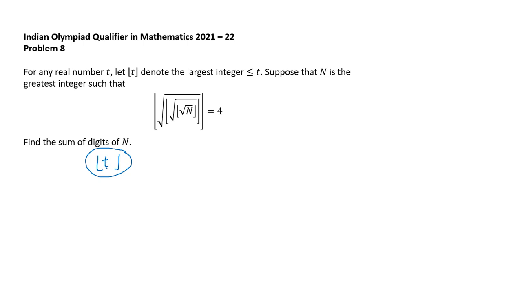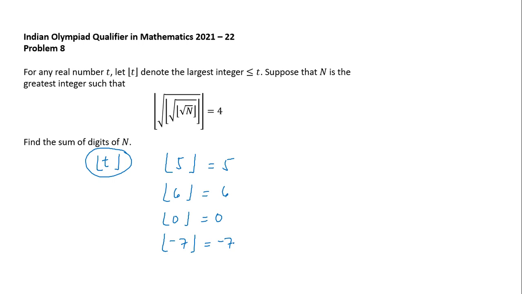If t is already an integer, then the floor of that integer is the integer itself. For example, the floor of 5 is equal to 5. The floor of 6 is equal to 6. The floor of 0 is equal to 0. The floor of negative 7 is equal to negative 7.